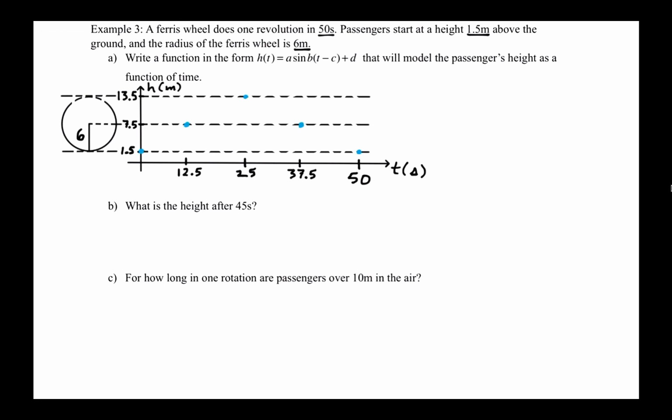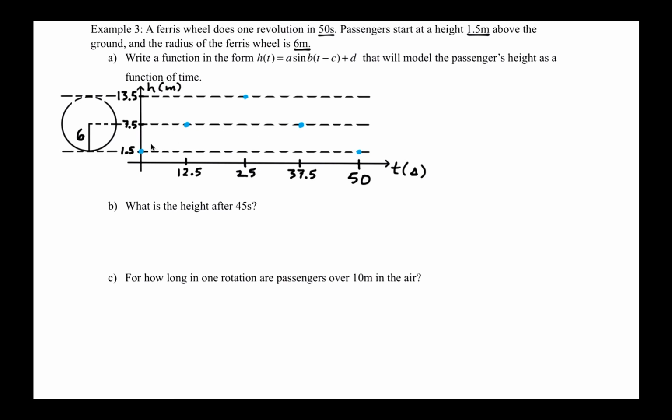And now here are the significant points that I would use. It says that the passengers start at a height 1.5 meters above the ground, which means they're starting here. And I know that in 50 seconds, we're going to be back to where we started. Halfway through the ride, 25 seconds into it, we're going to be at the maximum point.